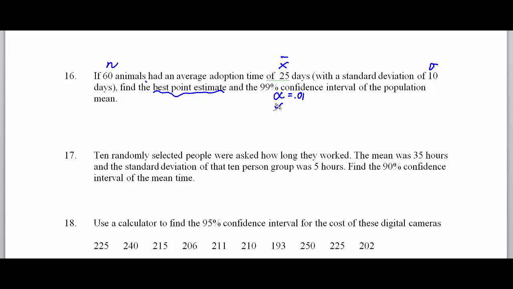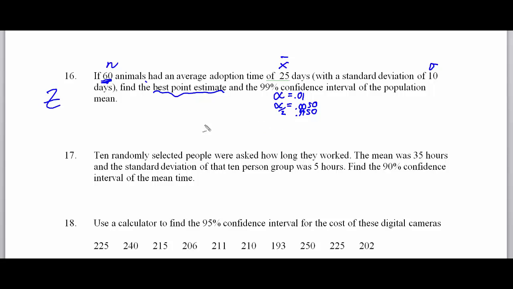Now that also means that since all confidence intervals are two-tailed tests, we've got to split our alpha in half, so that's 0.005. So when I look this up on the chart, I'm either going to look up 0.0050 or 0.9950. If we look at our z chart, and we're choosing z here because our n is bigger than or equal to 30, these two numbers will give me a 2.58.